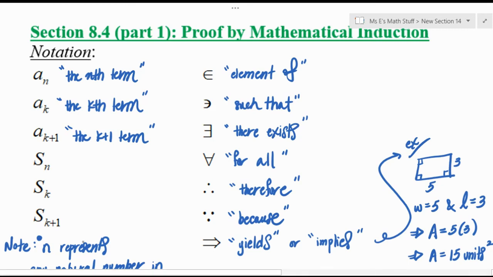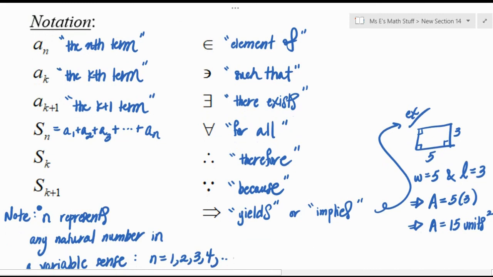Now for the sum notation, S sub N means the sum of the first n terms, or the nth partial sum. We're going to write this two ways. S sub N means your first term plus your second term plus your third term all the way up to your nth term, where n is a variable.